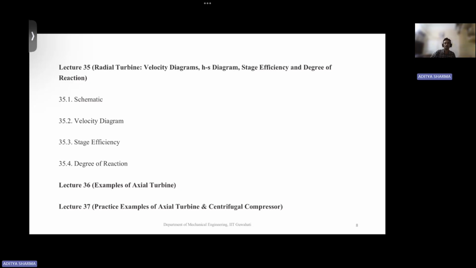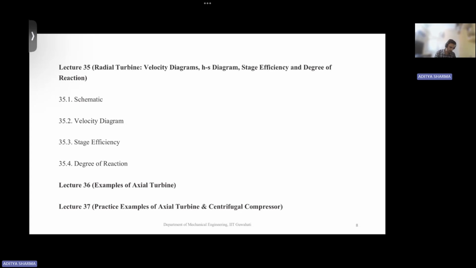Then we have lecture number 35. In lecture number 35, radial turbines have been discussed.